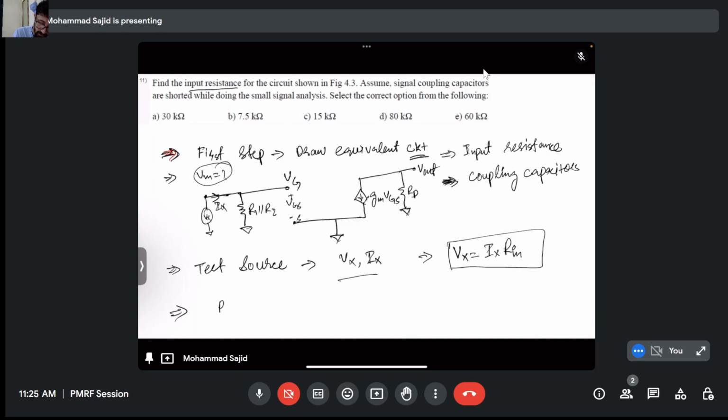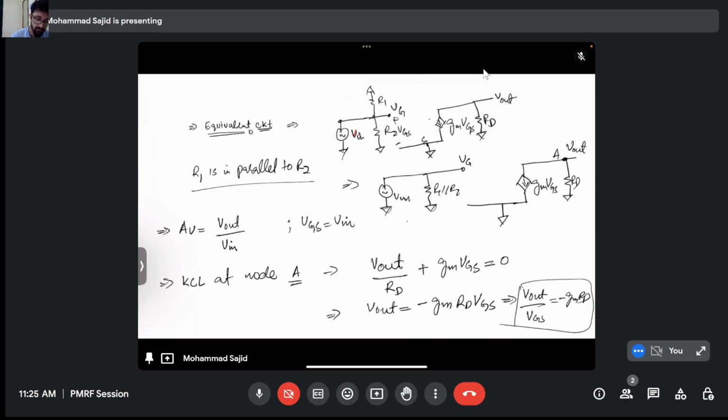So we will get Vx equal to Ix times R1 parallel R2. So my input resistance can be simply written as Vx by Ix, that is R1 parallel R2, right? R1 is 60k and R2 is 20k.